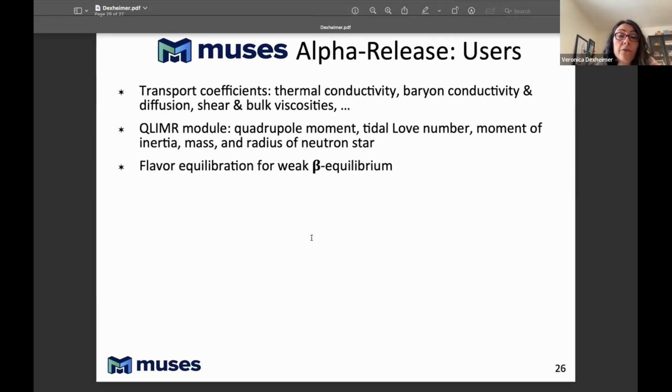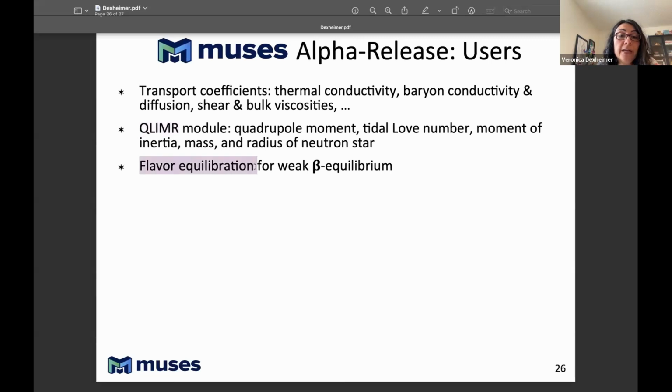So we are also offering, for the time being, transport coefficients, such as thermal conductivity, that can be calculated for the finite temperature modules. And for the low temperature, effectively 0 temperature modules, Cluster is our quadrupole moment, tidal Love number, moment of inertia, mass, and radius. So that's what these letters mean, which is our general relativity solver.